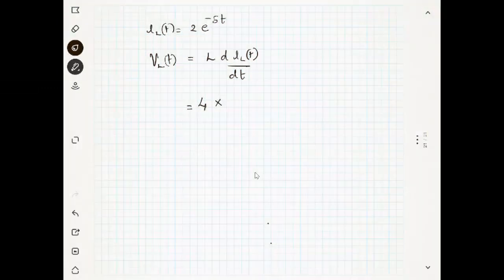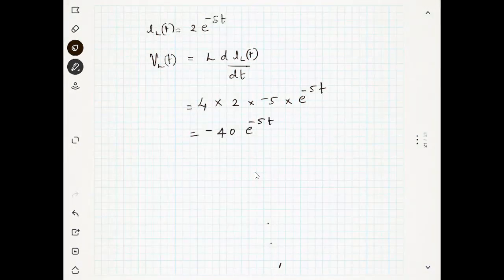So 4 Henry into d of IL. 2 is a constant, so into minus 5 into e power minus 5t. Okay, so you will get 4 into 2, minus 40 into e power minus 5t.